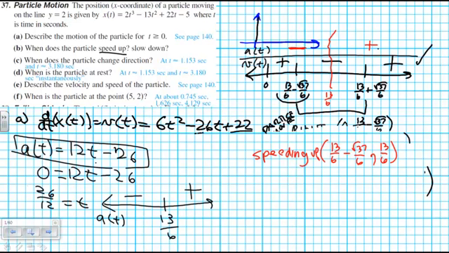And then it's going to be speeding up from 13/6 plus root 37/6 to infinity, because in that area, acceleration and velocity are in the same direction. When is it slowing down?